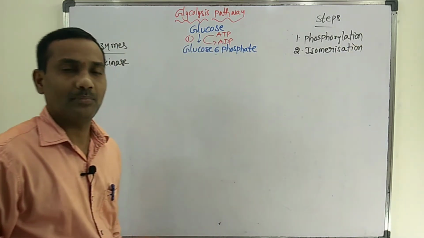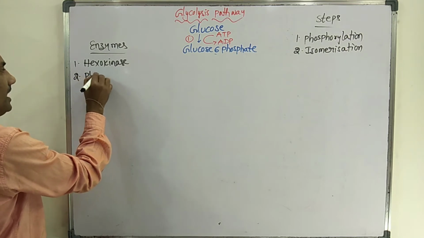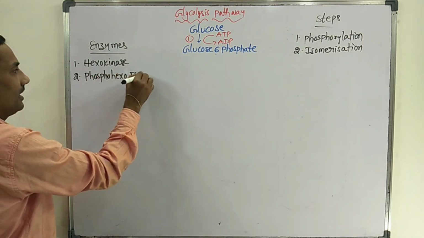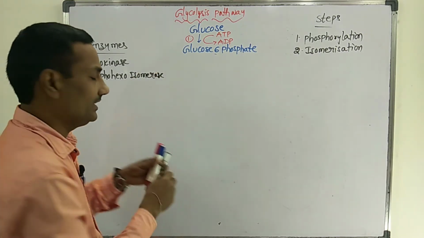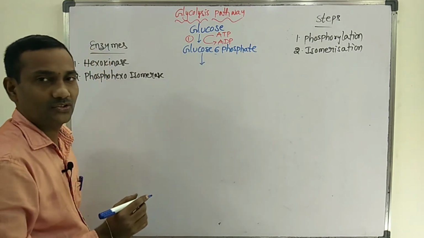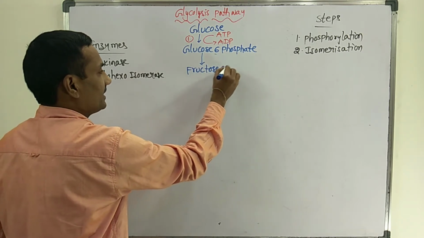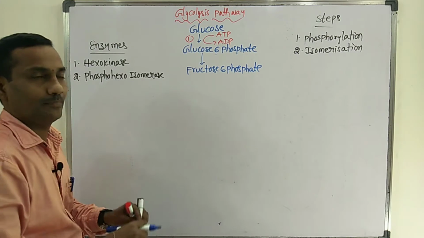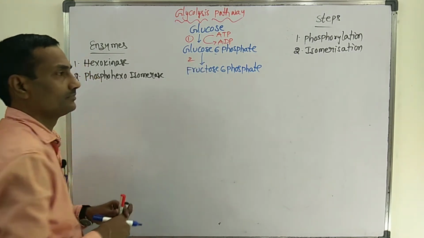The second step, isomerization, is catalyzed by phosphohexoisomerase. In the presence of this enzyme, glucose 6-phosphate isomerizes into fructose 6-phosphate. It is the second step, that is the isomerization step.